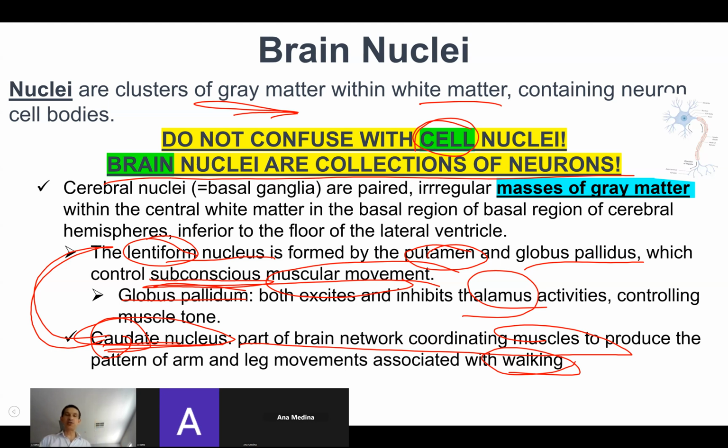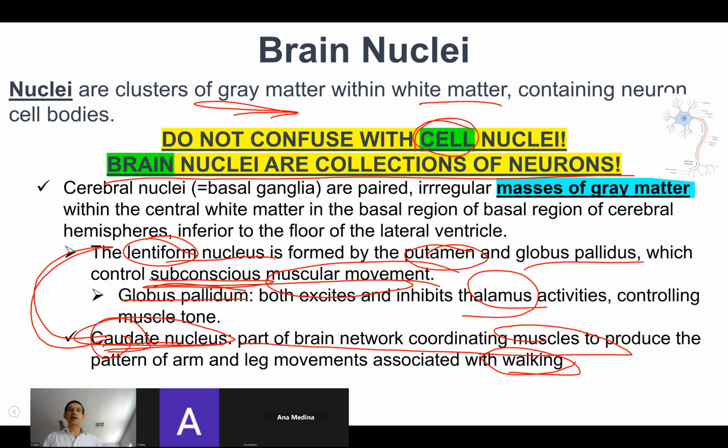Damage to caudate nucleus, you're talking about a disease like Huntington's disease, for example, where patients have dance-like movement, chorea, of the body and of the face. Very grotesque movements of the face. Patients are miserable because those movements are all involuntary. They do not have control of their facial muscles, or any of their muscles.